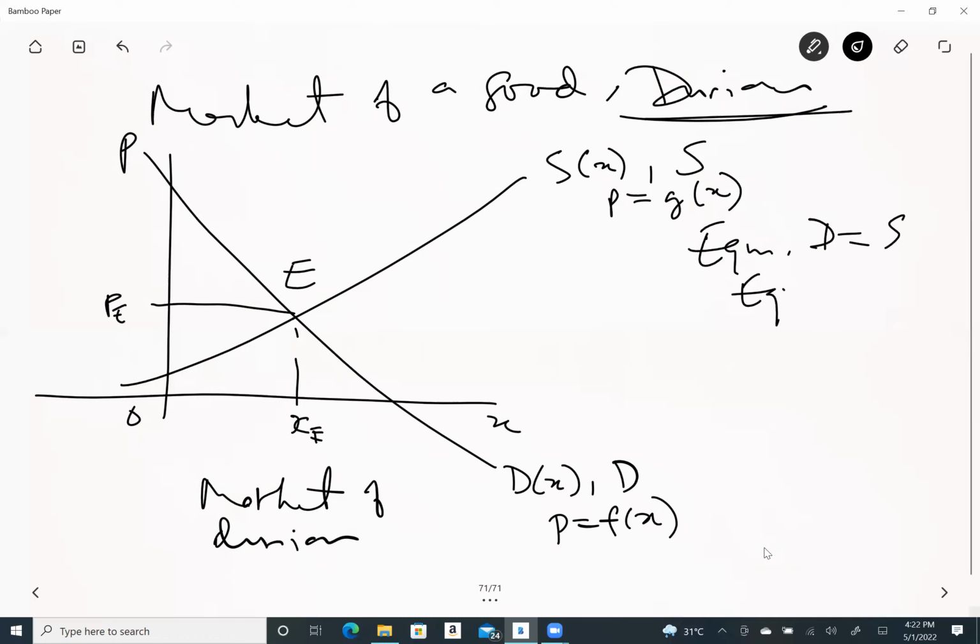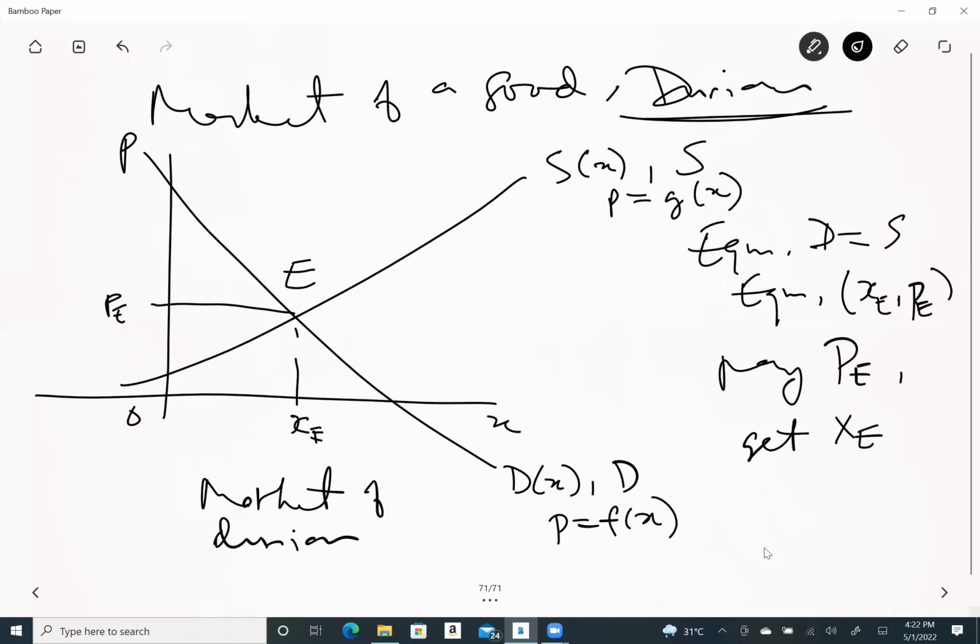Say equilibrium is XE, the market price, market quantity. So in the market, you pay PE. Okay, the consumers pay PE. What do they get? We get XE.